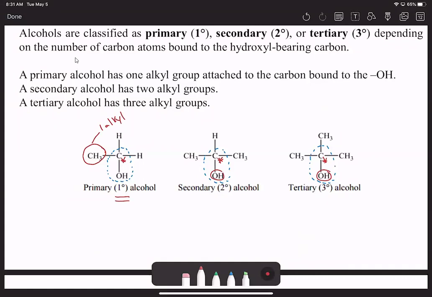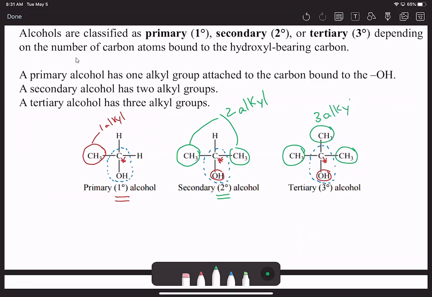Primary alcohol. In the next one, there are 2 alkyl groups. Secondary alcohol. In the final one, right, we have 3 alkyl groups signifying that it's a tertiary alcohol.